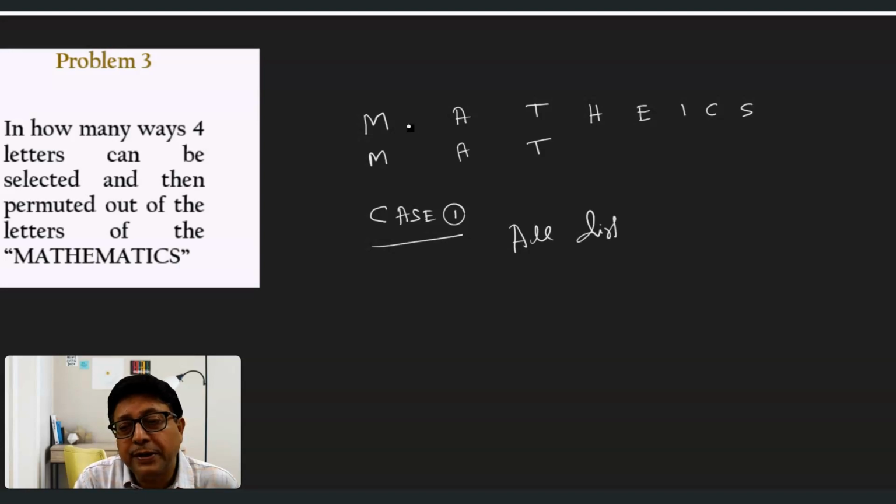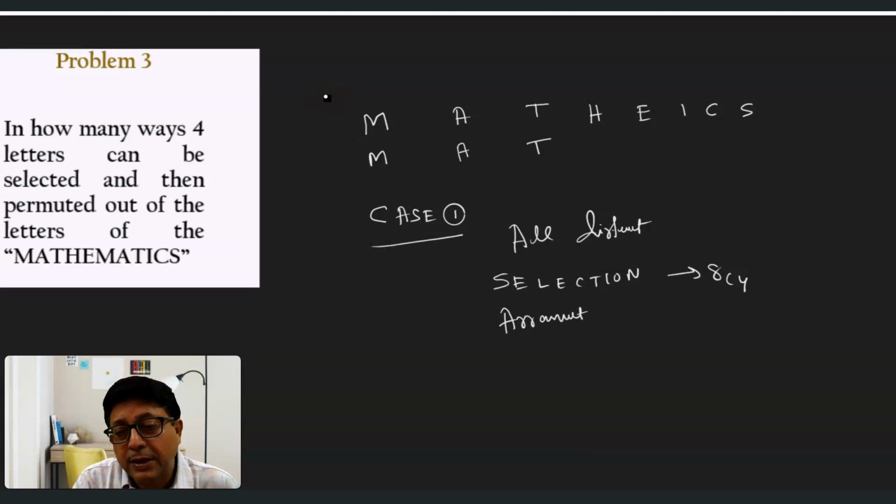All different means how many different letters are there? 3, 5, 8. Out of these 8 different letters, 4 can be selected. We are writing selection first. Selection can be done in 8C4 ways, and the arrangement of those selected is going to be 8C4 into 4 factorial.